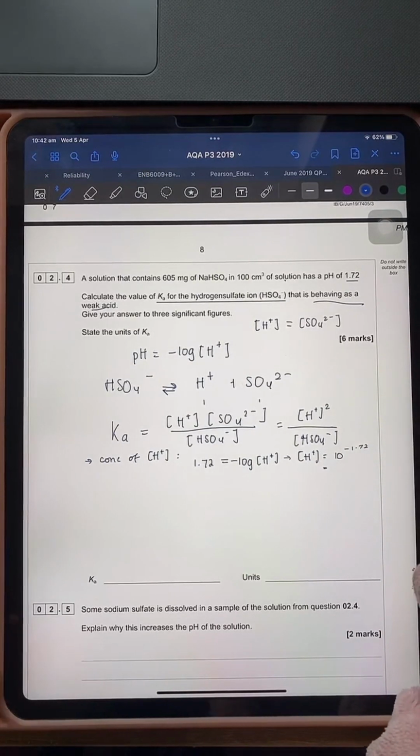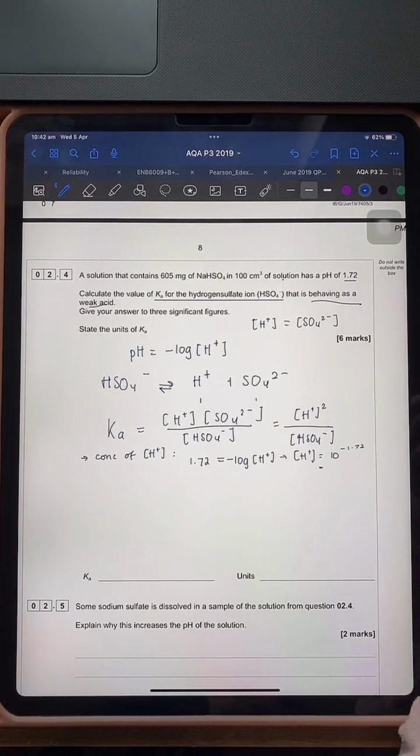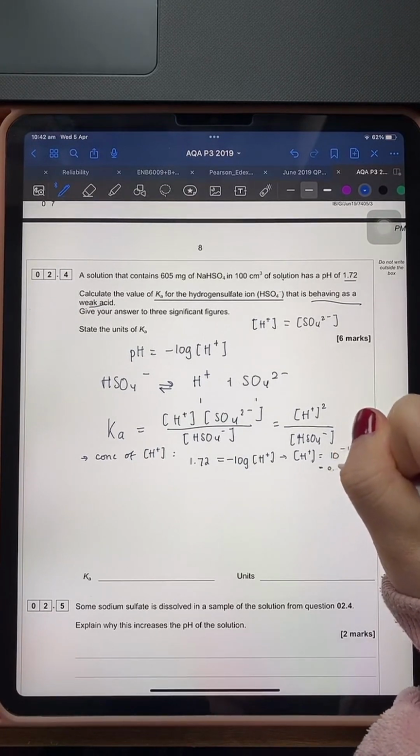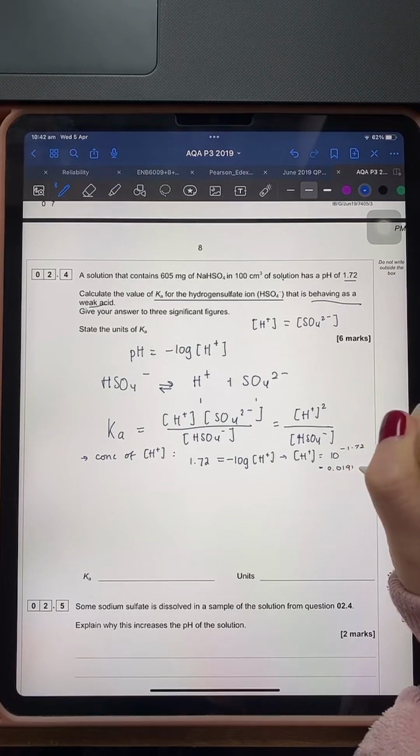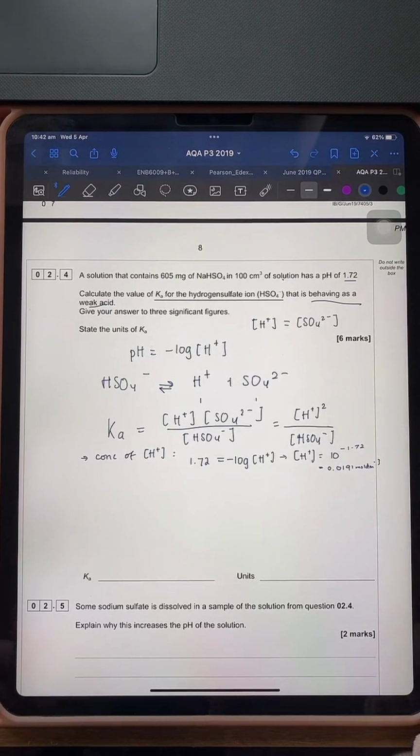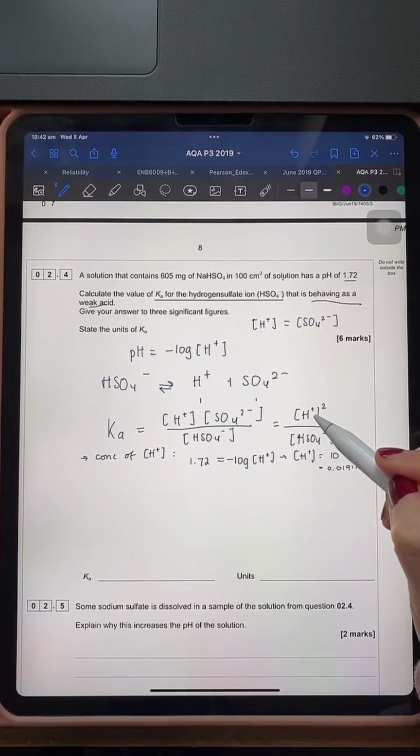You can put that into your calculator, which I don't have one, but I do know what the value is: 0.0191 mole dm minus 3. So we know the hydrogen concentration.